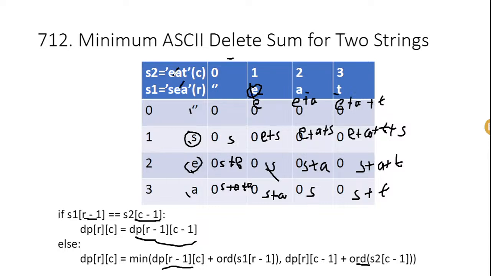We just compare with E and SE. So if they are not equal, we are going to check two combinations. It's the minimum of the dp r minus 1 c, and then need to plus this ord of s1, and here the ord of s2. Because this one we take out a column, we need to plus this column. I think if we understand this, basically the code should be much simpler than that.